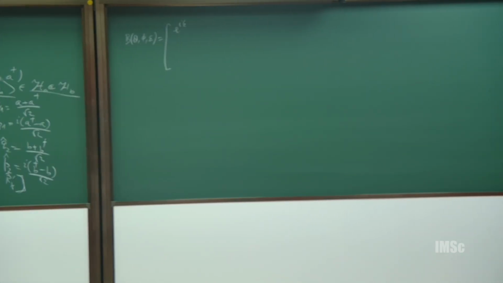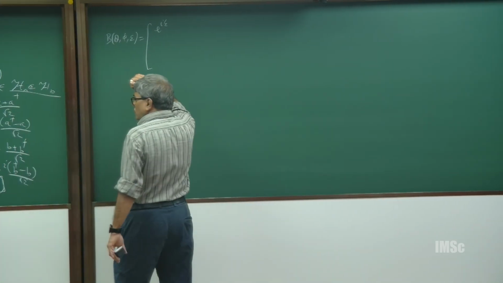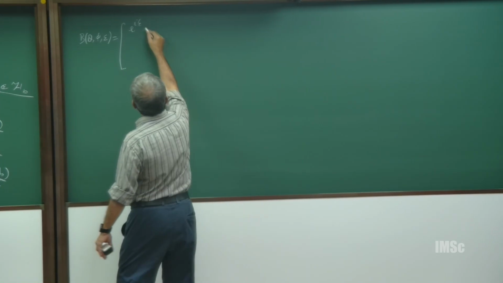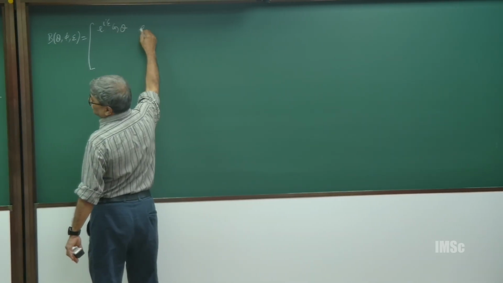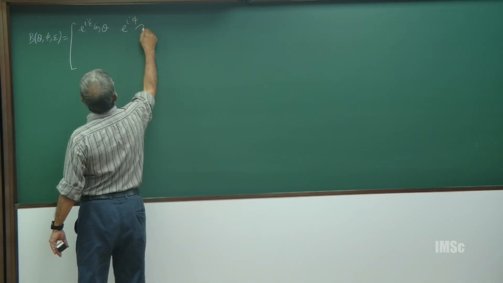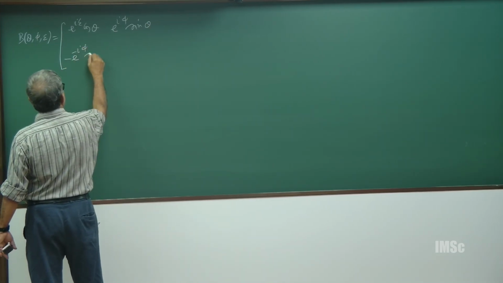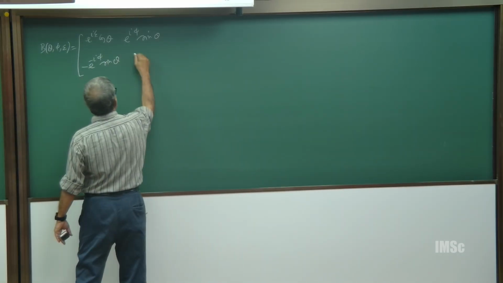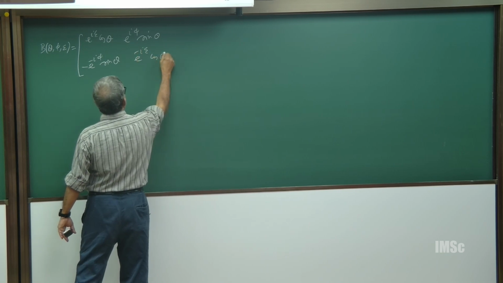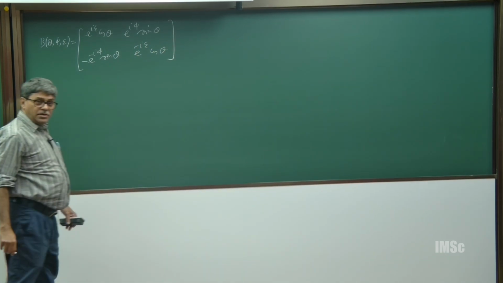Able to see. Okay. So, this is cosine theta, e to the power I phi sin theta, minus e to the power minus I phi sin theta, e to the power minus I epsilon cosine theta, right.